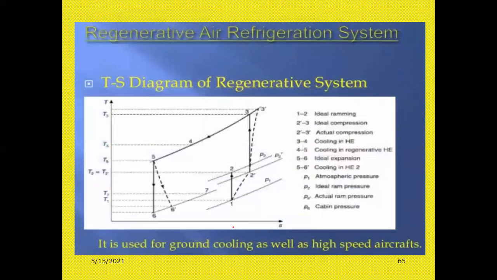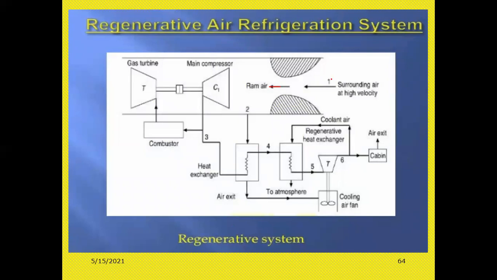Next, if you see the TS diagram of the regenerative system, as already shown in this figure, 1 to 2, 2 to 3, 3 to 4, 4 to 5, 5 to 6, like this.